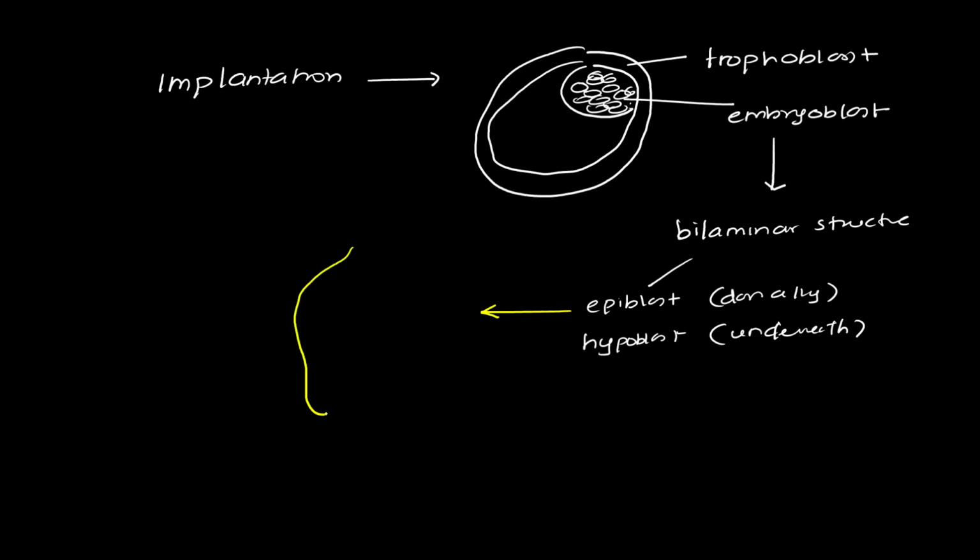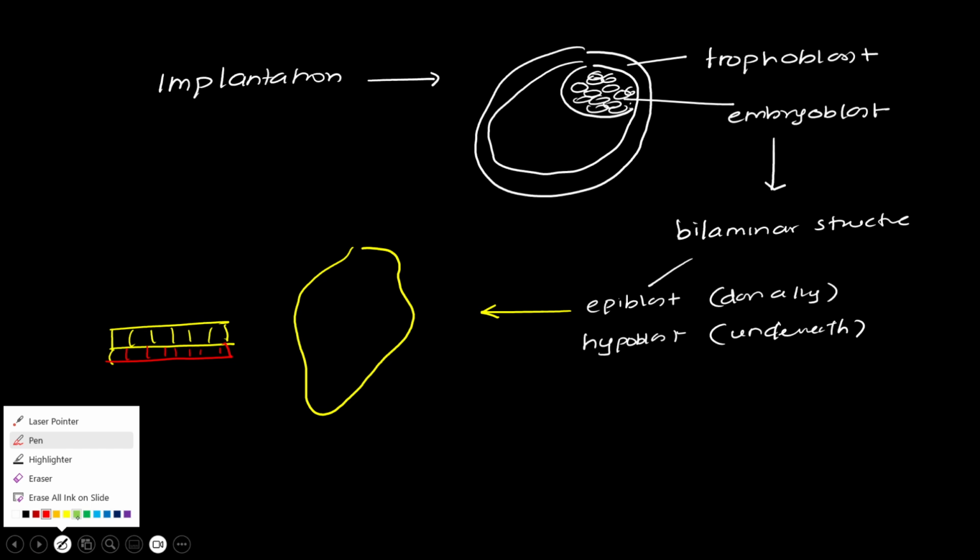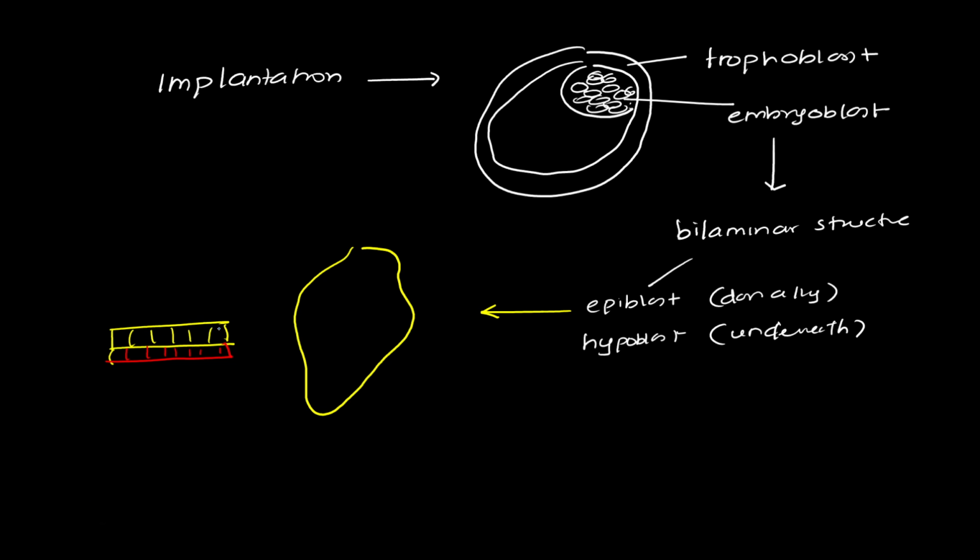If we illustrate the embryo to be of this structure, and now I look at this as a cross section, what I would see is the presence of two cell layers. There's the epiblast and then there's the hypoblast. You see a cleft-like structure forming on the dorsal aspect, that furrows in from the epiblast toward the hypoblast.